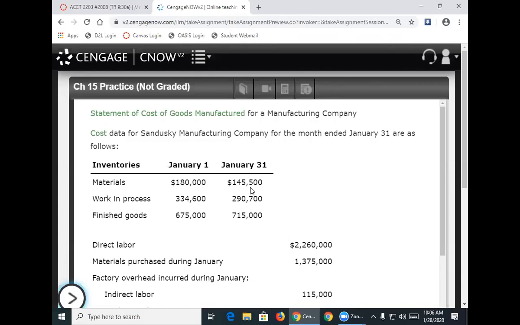So we're going to need materials, work in process, finished goods, and we'll go ahead and put cost of goods sold out here because that's what we're calculating.